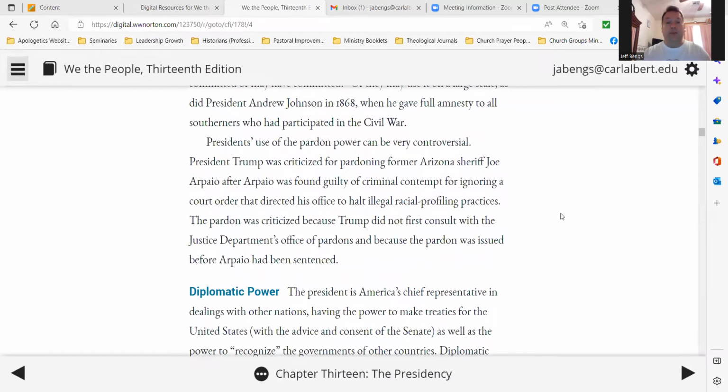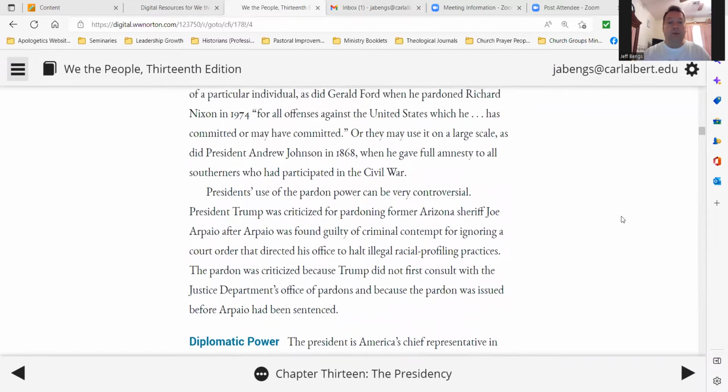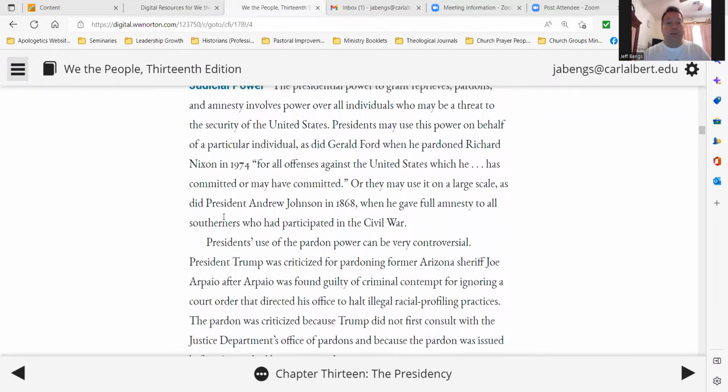Another fairly well-known case of pardons was President Andrew Johnson. He was Lincoln's vice president. He became president after Lincoln was assassinated. And in 1868, he gave full amnesty to all Southerners who had participated in the Civil War.